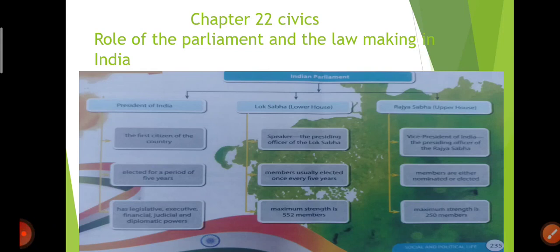Here are the reasons for adopting the parliamentary system of democracy in India. The first reason is the participation of the people in decision making.